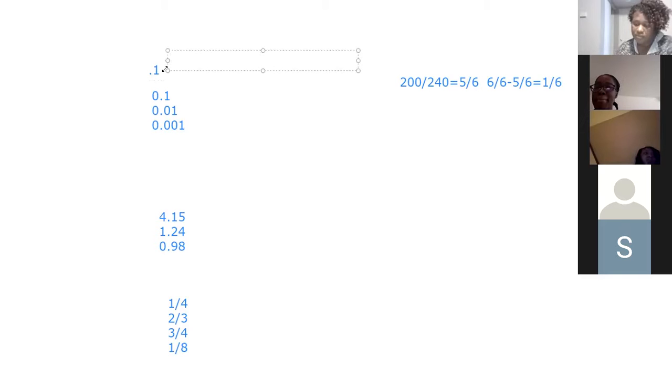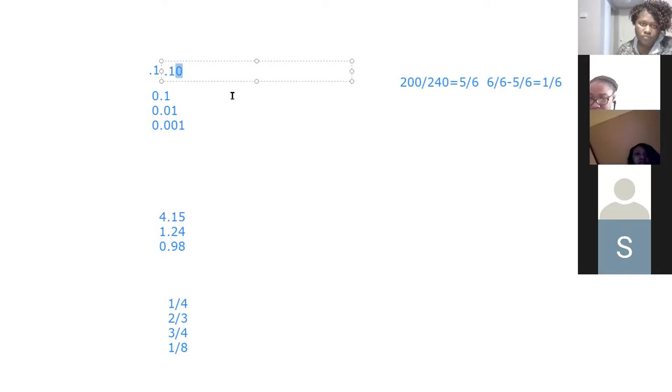And no junk in the trunk. So 0.10, we don't want that 0 there, because if you miss the decimal point here, you're going to give 10 instead of 1/10.